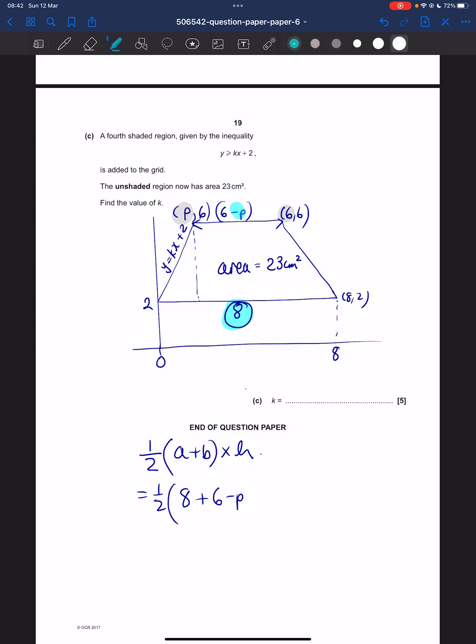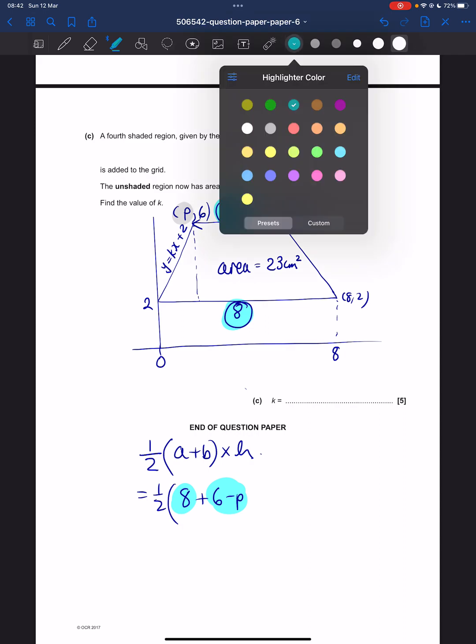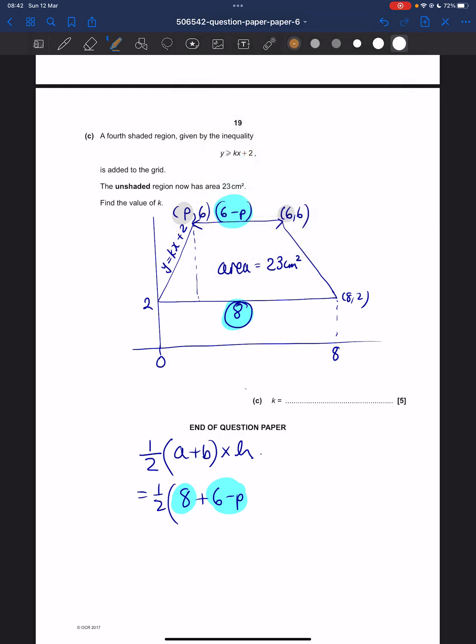So we've got 8 there and 6 minus p. And the distance between them is the change in the y's. That one's 6 high and that one's 2 high, so that distance there is 6 take away 2, which is 4.